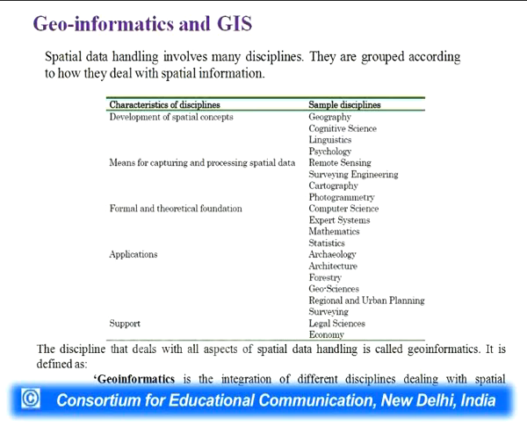So, the discipline that deals with all aspects of spatial data handling is called geoinformatics. It is defined as the integration of different disciplines dealing with spatial information.